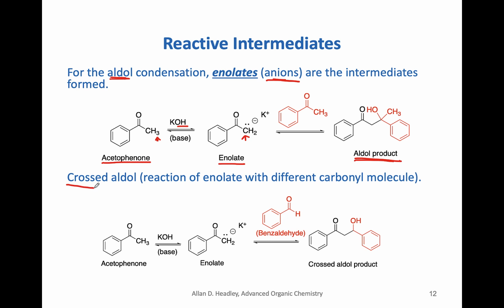Here's an example of a crossed aldol condensation, where we have acetophenone as shown here, base reacting with one of these hydrogens as a proton to create the enolate intermediate, which is an anion, as you can see here, a carbanion, and this carbanion reacts with the carbonyl carbon of another molecule such as benzaldehyde to form the product here, which is the aldol product.